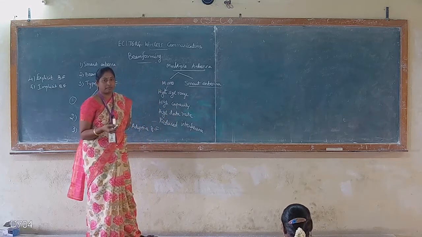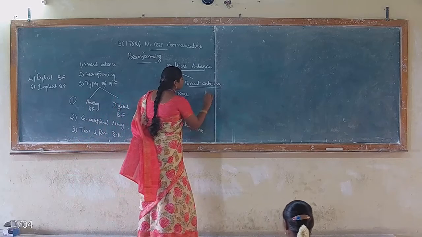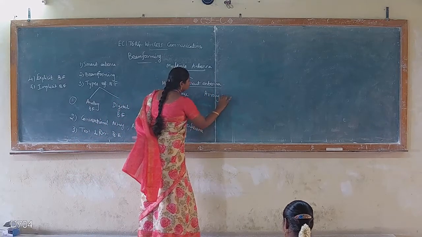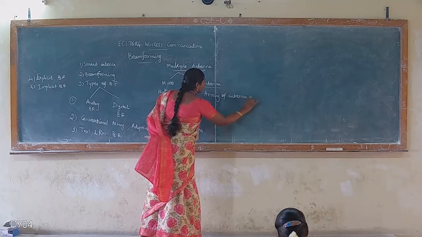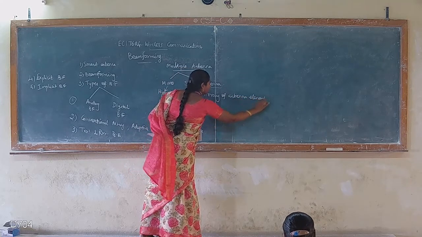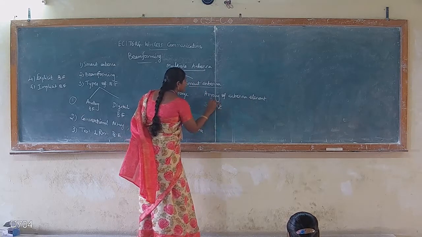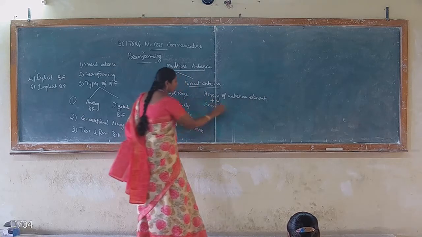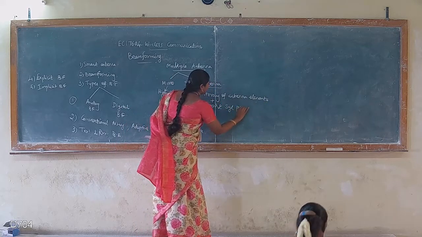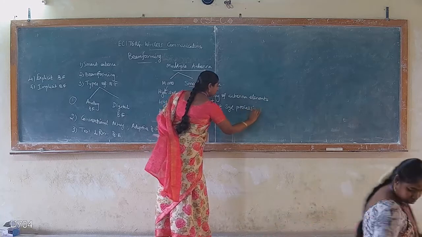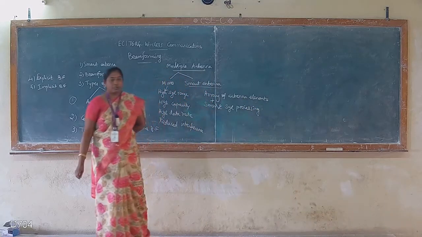It uses an array of antenna elements with some smart signal processing scheme. So an array of antenna elements plus a smart signal processing scheme is called a smart antenna.